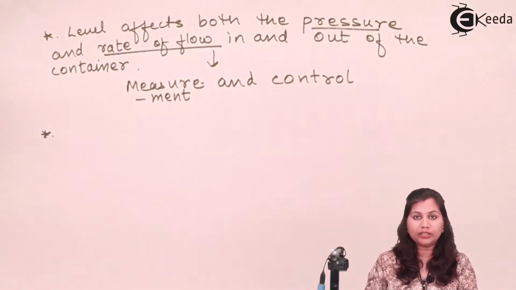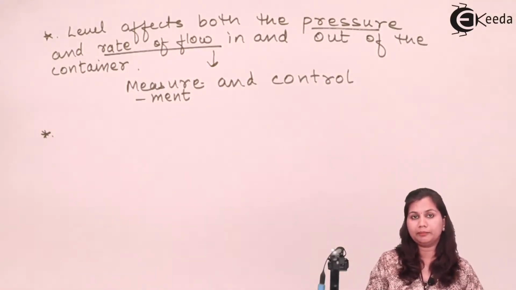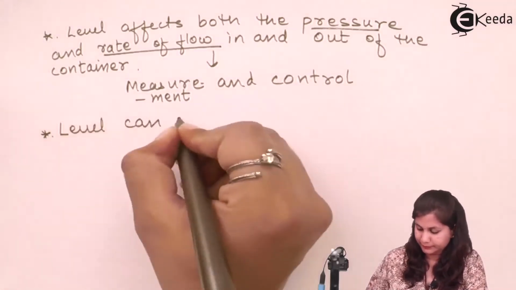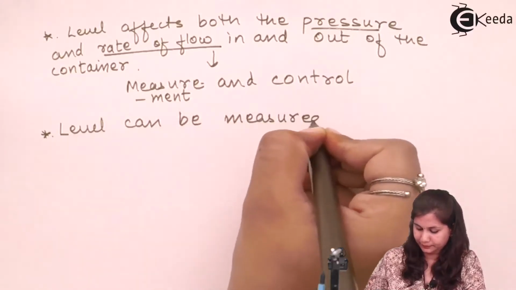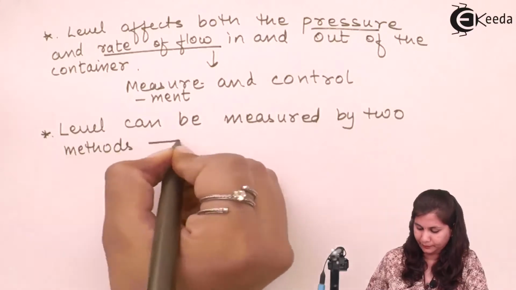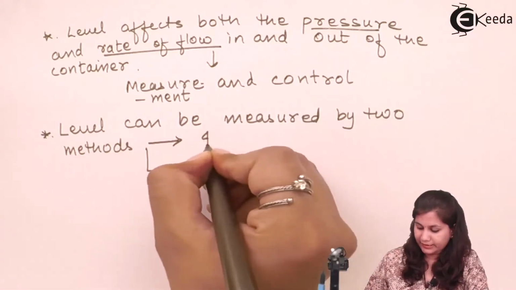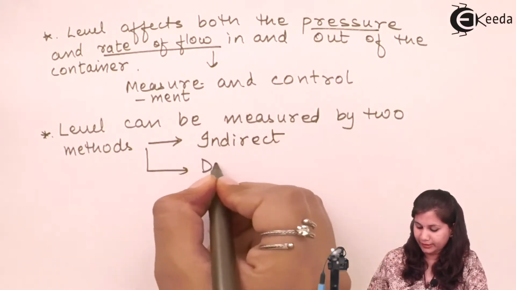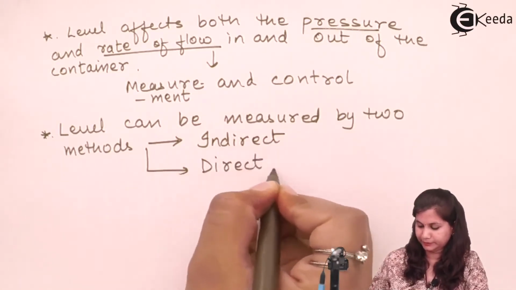Now the level of the liquid can be measured by two methods. One is the indirect method and the other is the direct method.